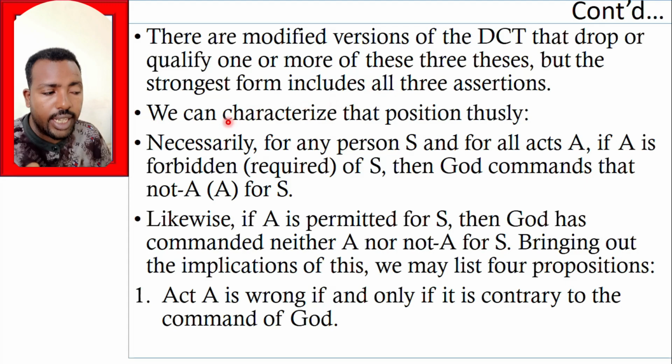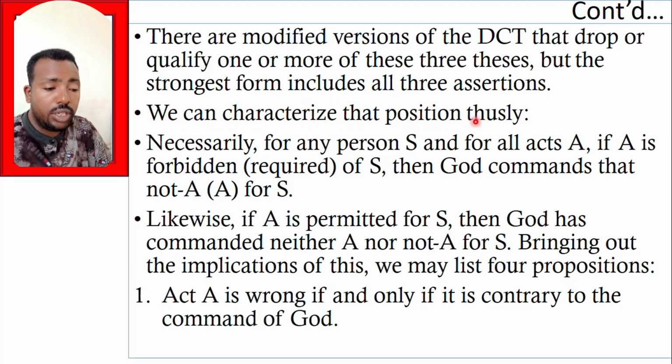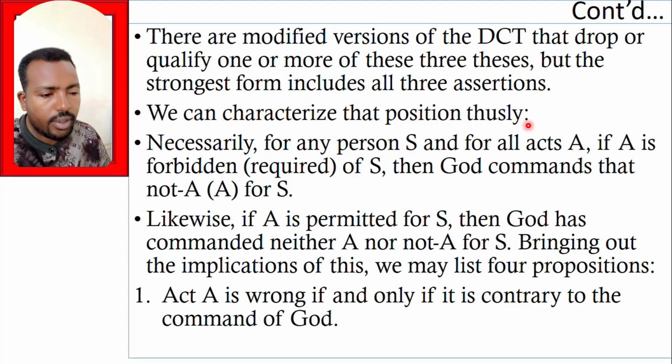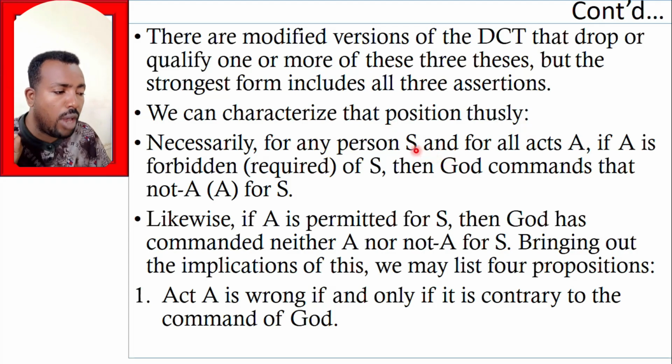We can characterize that position thus: necessarily, for any person S and for all actions A, if A is forbidden or required of S, then God commands that not A or A for S.